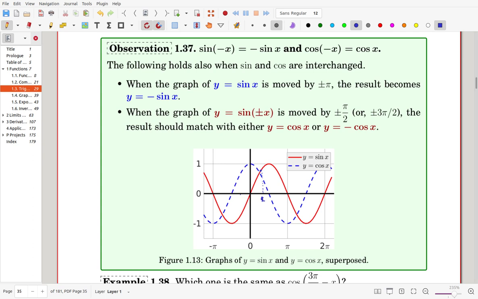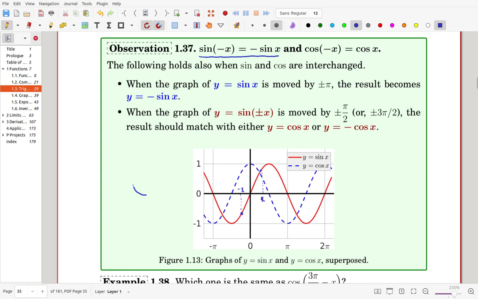But if you consider minus x, then here the value will be that one. So it looks like it satisfies that line: sine at minus x is the same as minus sine x. Of course, by using the picture, you can easily see that.